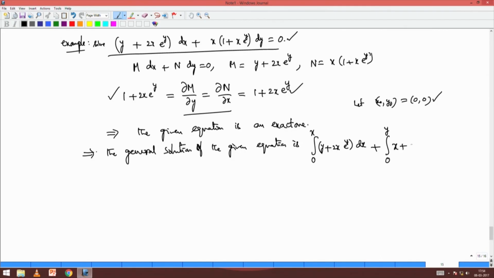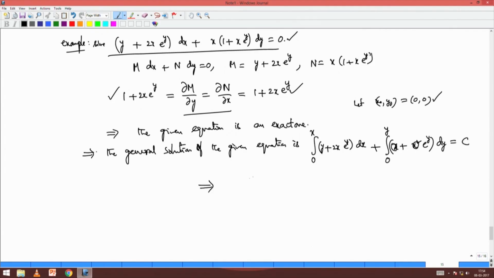x + x·x² e^y dy. I fix y naught; inside also N of x naught, y, x naught is 0. So, if I put 0, the whole thing is 0, equal to constant.